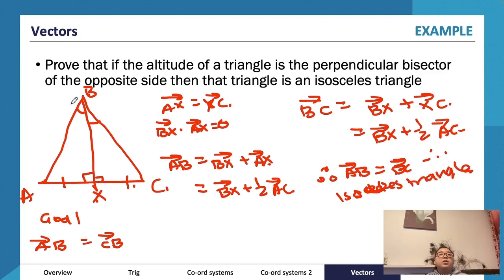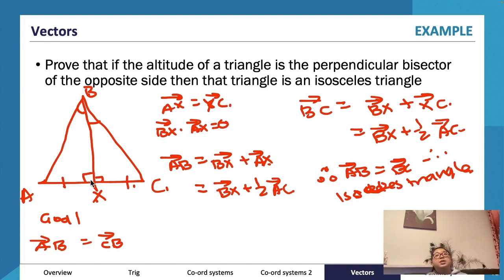Alternatively, another way you can do this, rather than going this way and this way, is to talk about the angles within there as well. If you did need to prove this in the context of vectors, another option is relatively straightforward.